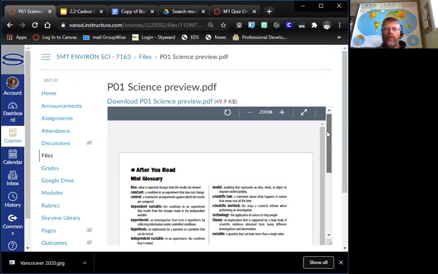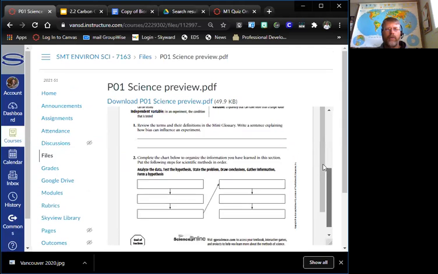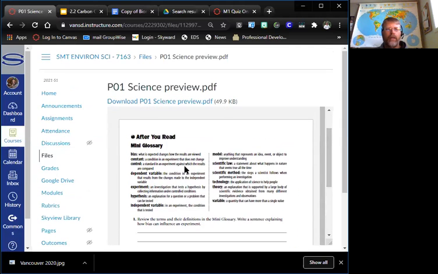The science preview gave you a nice little glossary of scientific terms, and then asked you about the scientific method. So yes, you should know these words and be able to do a multiple choice question around those words and their definitions.